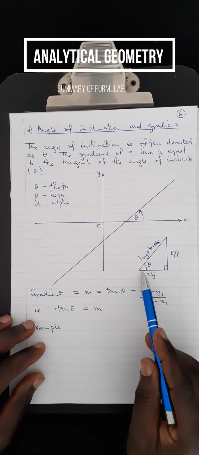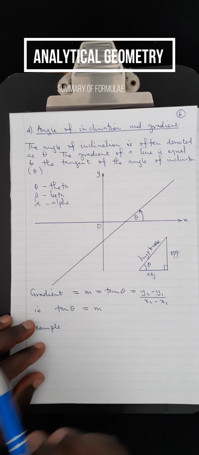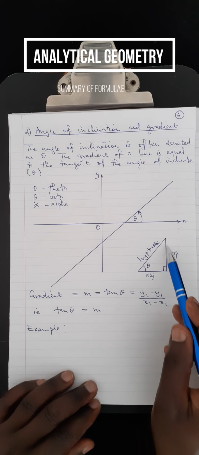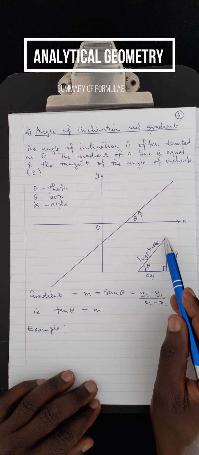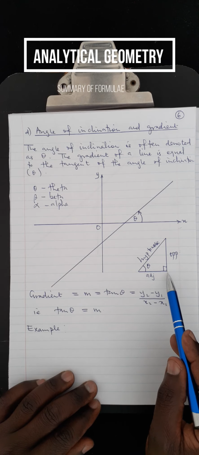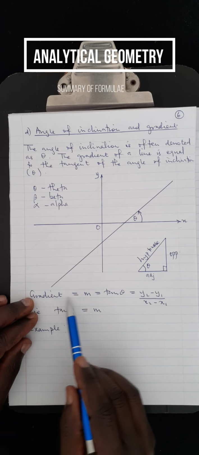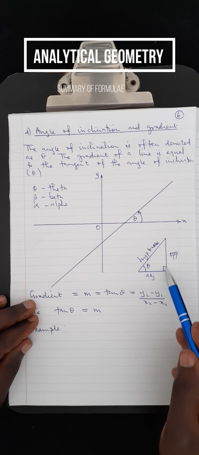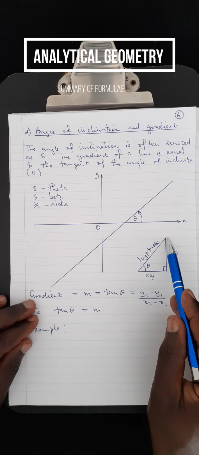If you recall, you are looking at more like a gradient, because we are looking at the difference in the vertical distance divided by the difference in the horizontal distance. So the gradient of a straight line, the vertical distance over the horizontal distance, is equal to the tangent, opposite over adjacent. We will not get into the details.